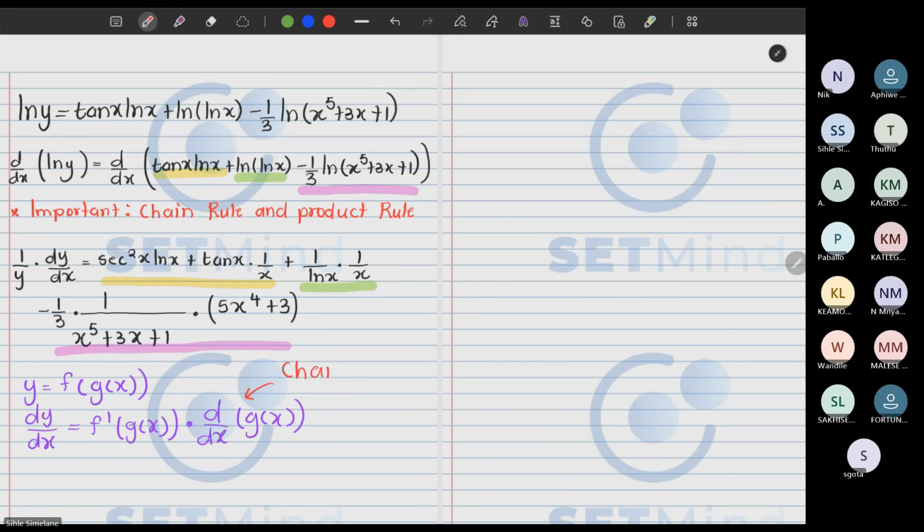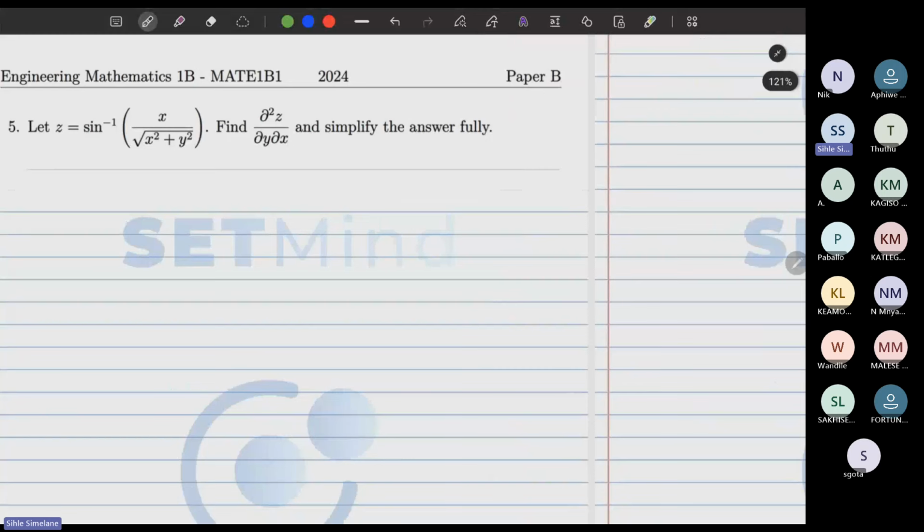And then next we have another question. Yeah, okay. So next we have this question, guys, which requires us to use partial differentiation. And we are required to find the partial second derivative of z with respect to x and y.